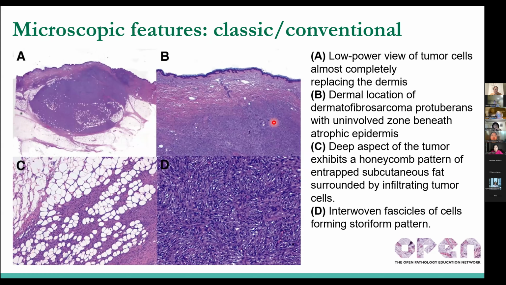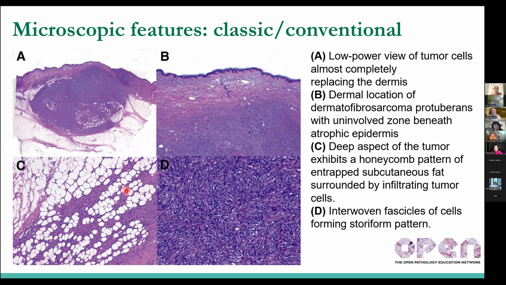We'll get into the microscopic features of our classic or conventional DFSP. As you can see in our initial pictures and also here in pictures A and B, there's a low power view of tumor cells almost completely replacing the dermis itself, but still sparing the epidermis, an atrophic one at that.